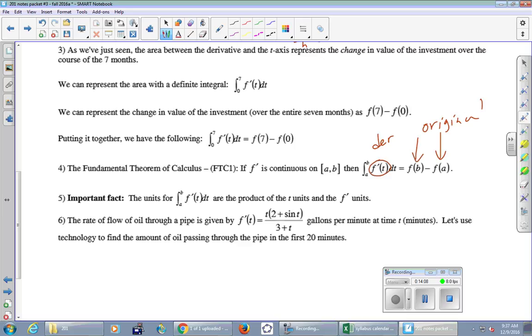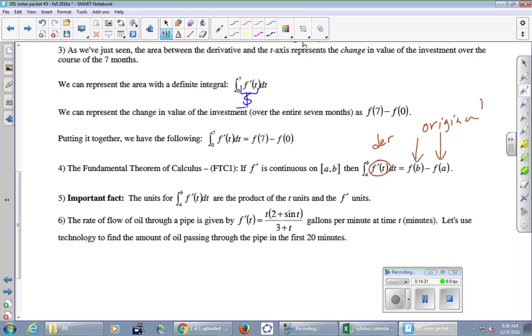Okay, important fact. The units for the integral of f prime of t dt, the final output, are the product of the t units and the f prime units. In our example, what were the units for f prime? Dollars per month, right?